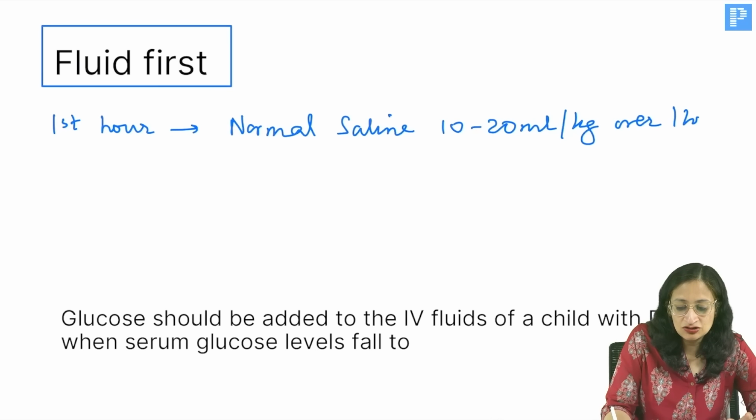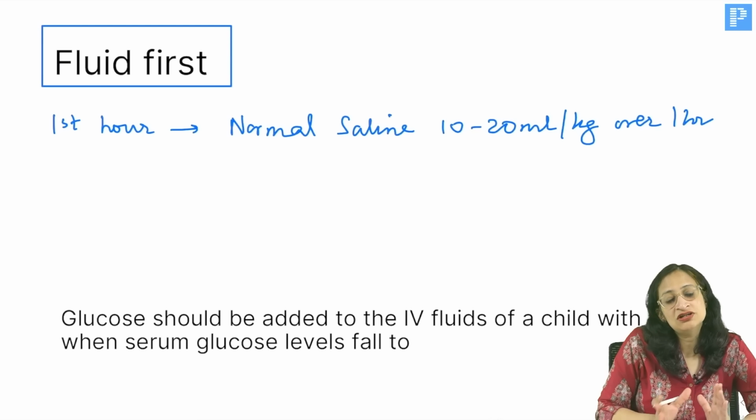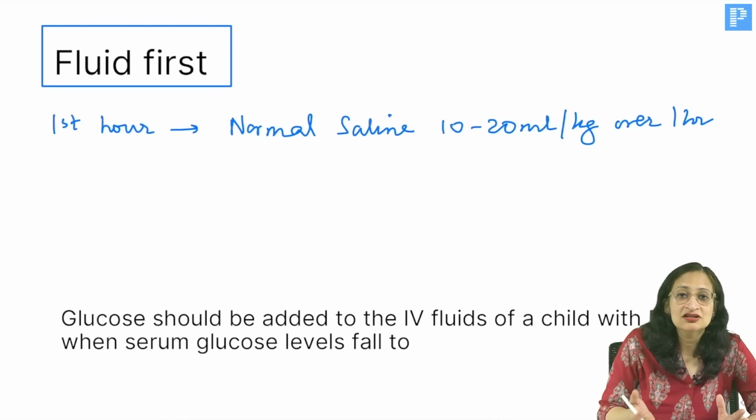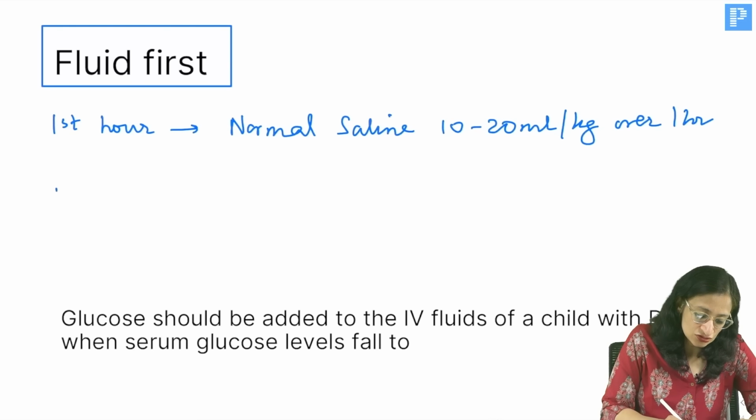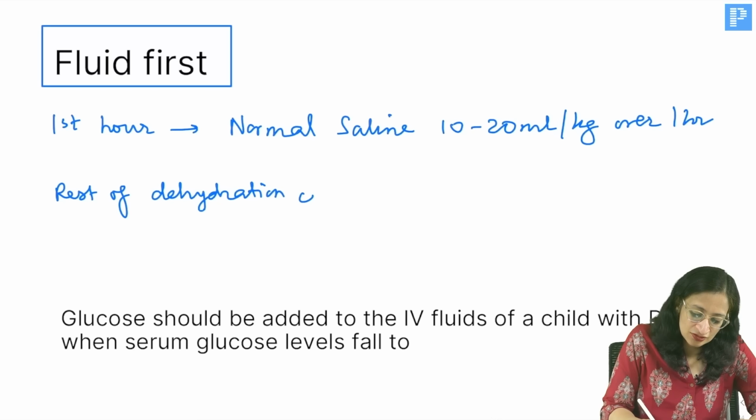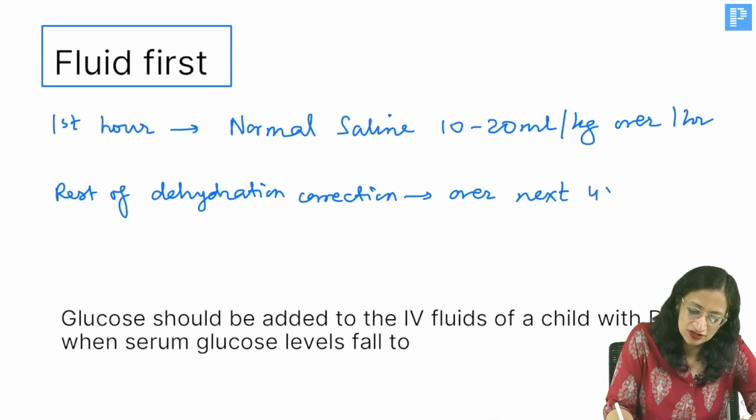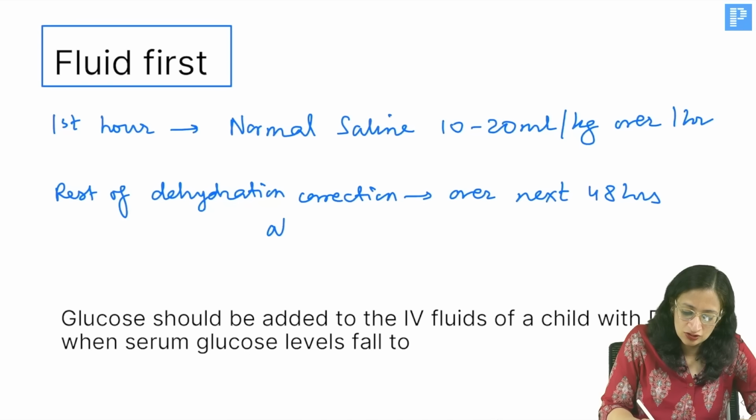After that, you assess the degree of dehydration based on the severity of DKA, and then plan the rest of the dehydration correction over the next 48 hours along with insulin infusion.